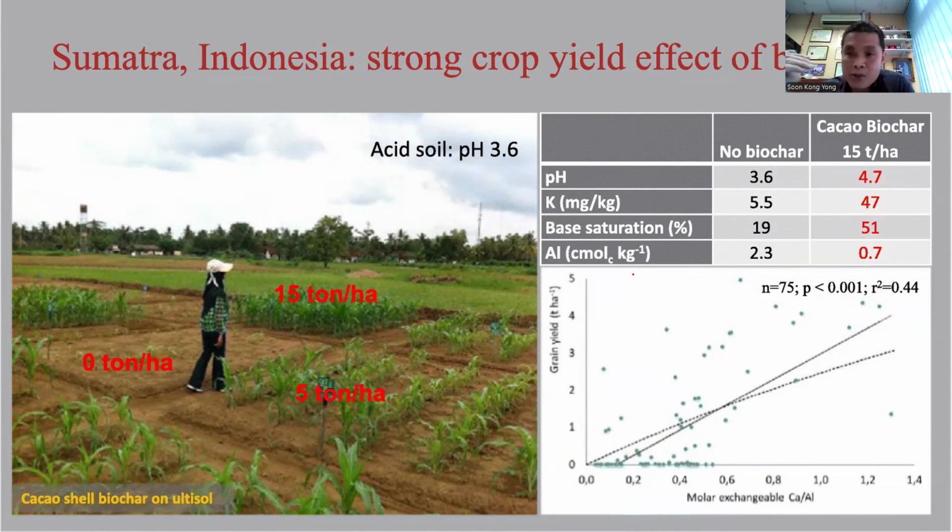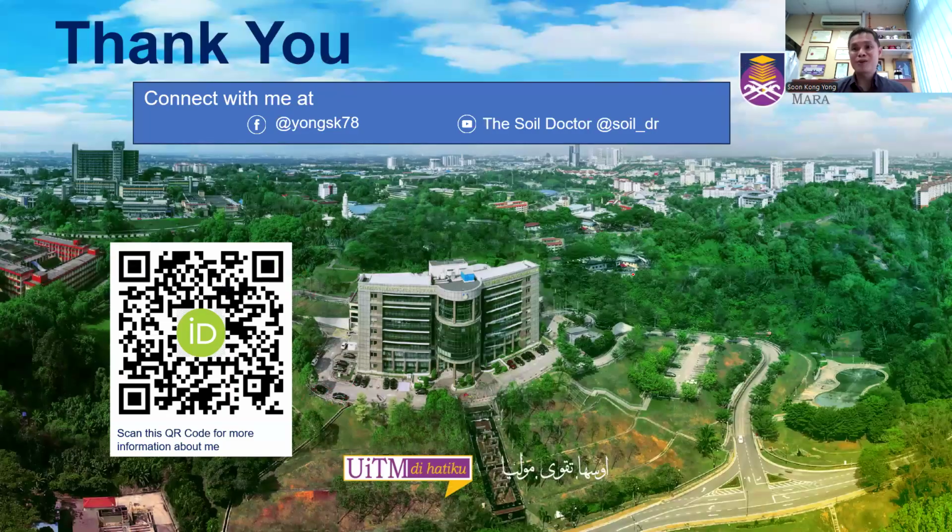They increase the base saturation, they increase the pH, and they reduce the aluminium. So this has happened in Indonesia. How I wish this would happen in Malaysia, but you see, the Indonesian government has the will to do it, and that is good news to let you know. So with that, that is all from me. I have ended my presentation. So over back to you, Dr. Ratna.